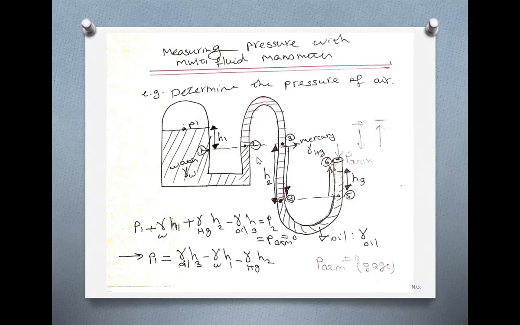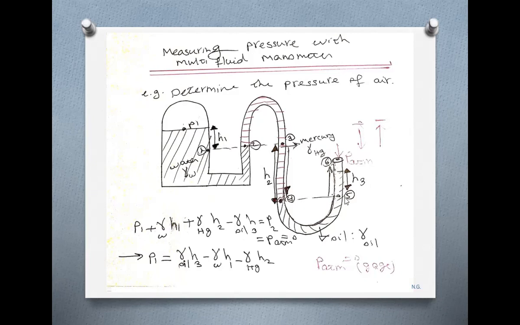Then you go horizontal from 1 to 2, nothing changes, the same fluid, the same level, and then from 2 to 3, nothing changes. Then you go down by H2, pressure increases, so it's plus H2 gamma of the mercury, then you reach point 4.